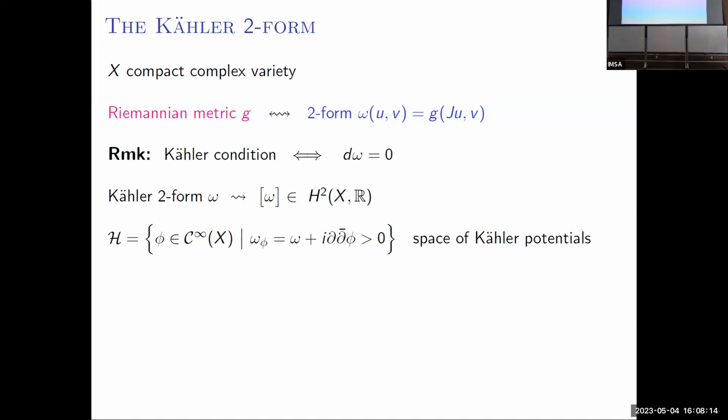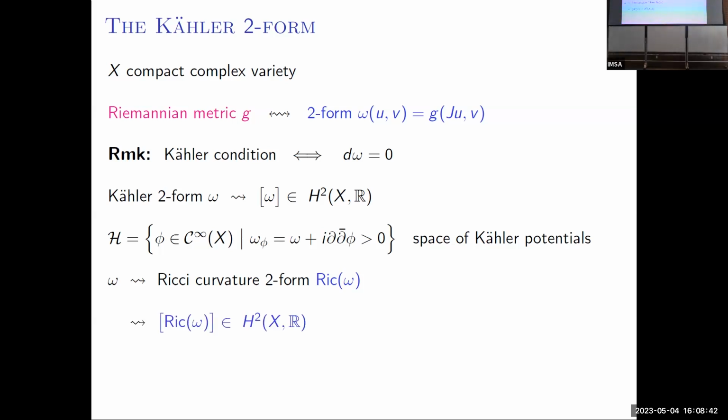This is called the space of Kähler potentials, so it's parametrizing all the Kähler metrics with the same given cohomology class. Also, if you take a Kähler form, you can associate another closed two-form, which is the Ricci curvature two-form. And so this defines a cohomology class.